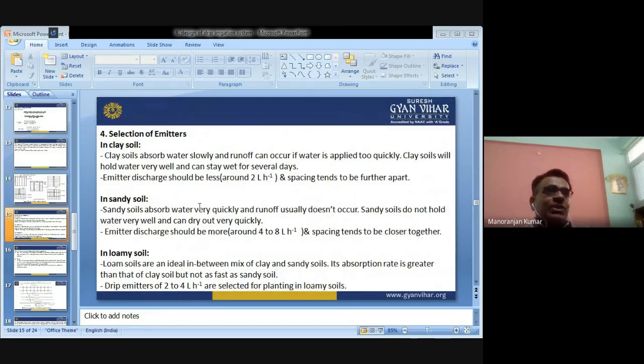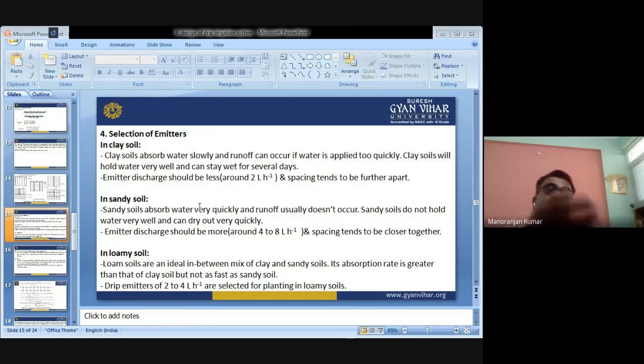Now, selection of emitter. How can you select a particular emitter for any type of field? If there is clay soil in the field, then the emitter discharge should be less in comparison to sandy soil, because the permeability of clay soil is less. When you deliver water to clay soil, the water will remain present on the soil for some time.